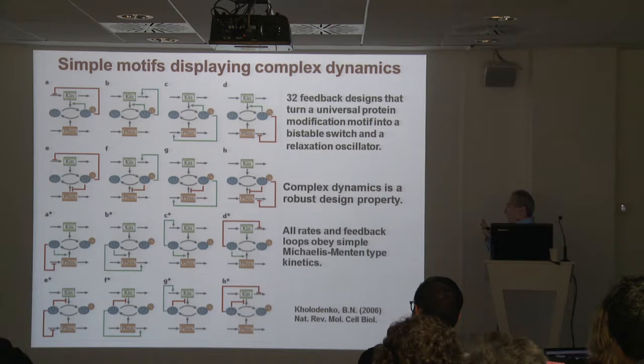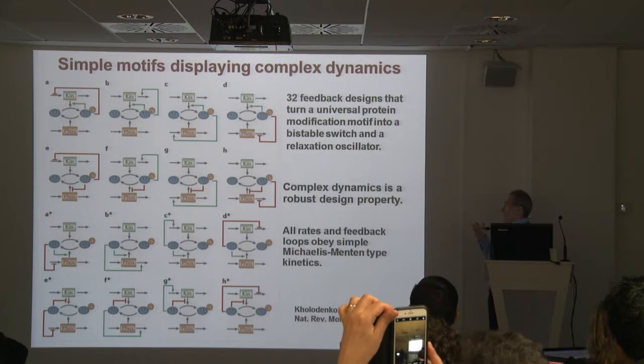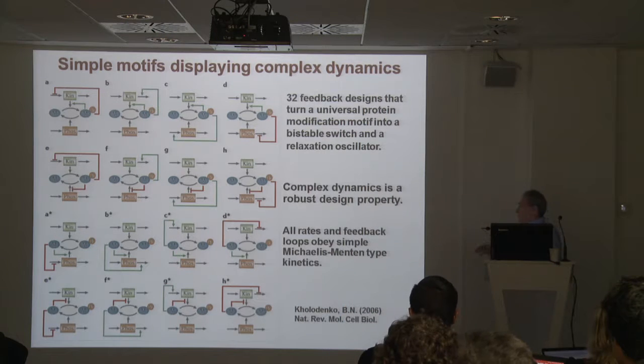It appears that there are actually many signaling circuits which can produce the same robust oscillations or bistability. And I published that there are 32 feedback designs which give you the same dynamic behavior.